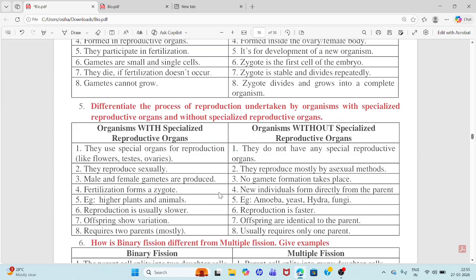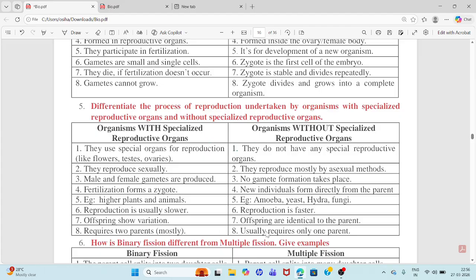Fertilization forms a zygote. Here new individuals form directly from the parent. Example: higher plants and animals. Here: amoeba, yeast, hydra, fungi. Reproduction is usually slower. Here it is fast. Offspring show variation. Here offspring are identical to the parent.